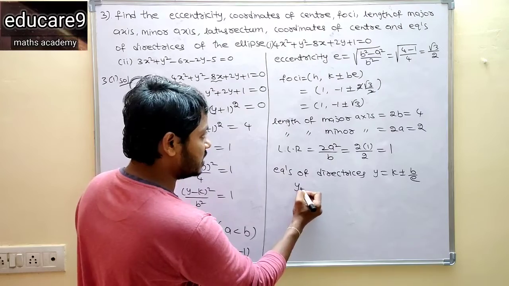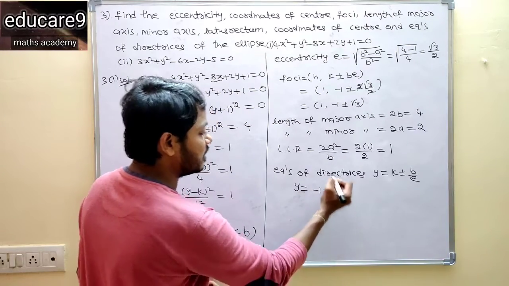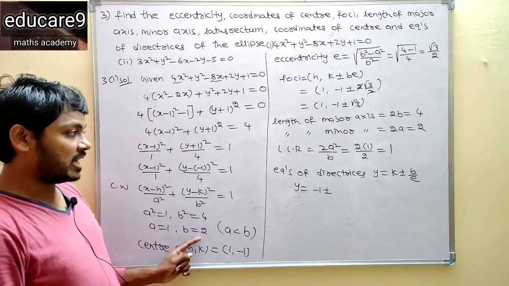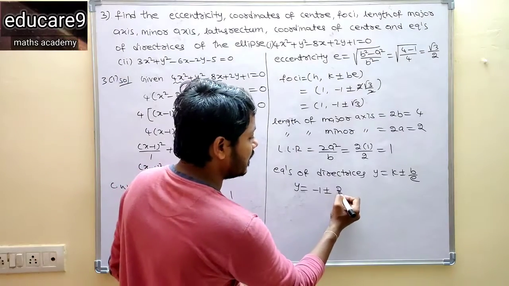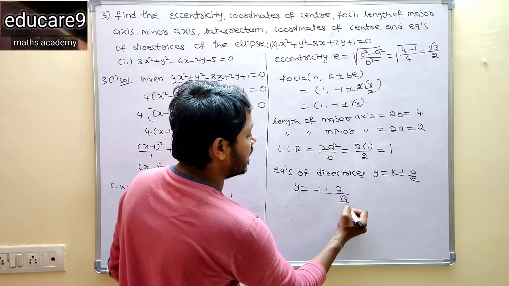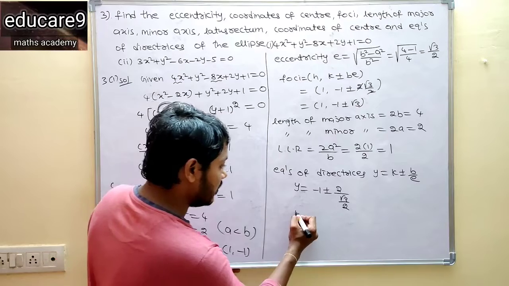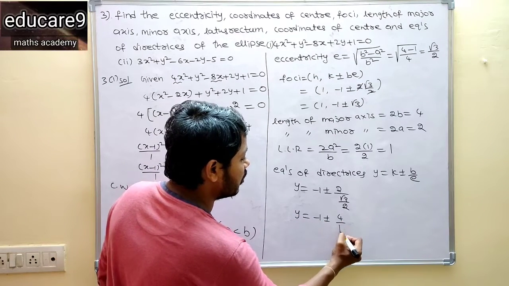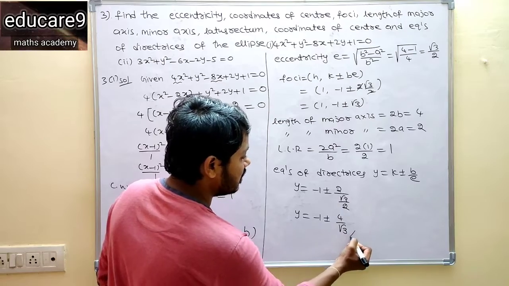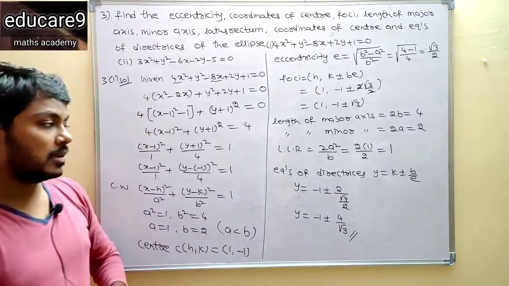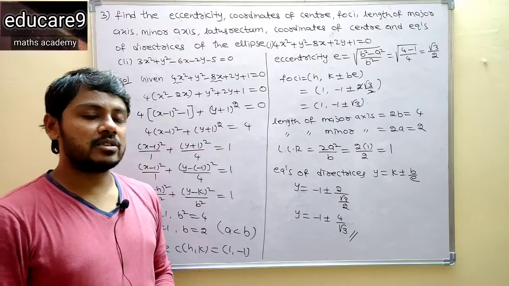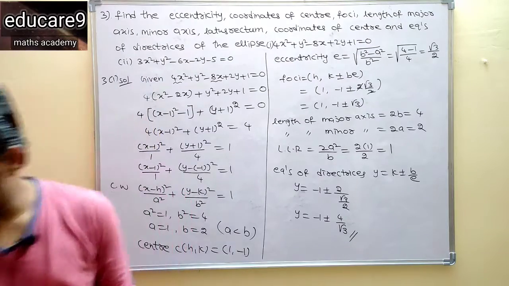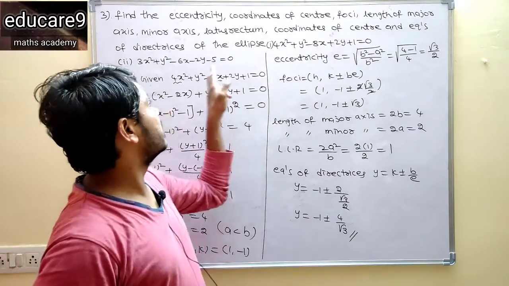So therefore y is equal to k value minus 1 plus or minus b value is 2 and e value is root 3 by 2. You will get y is equal to what? Minus 1 plus or minus 4 by root 3. So these are the equations of directrix.